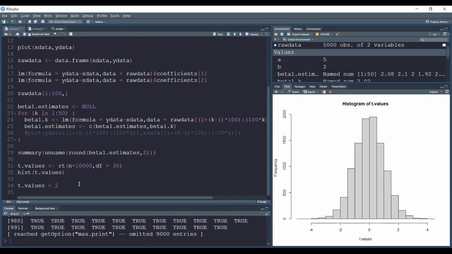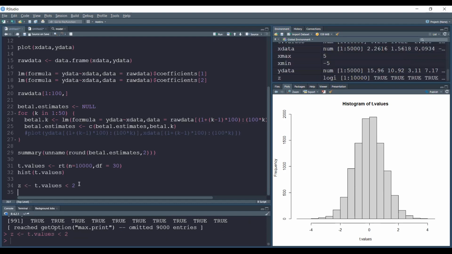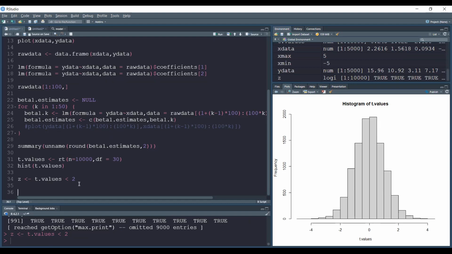So all those values that are less than 2, could you save this as a vector? Like if I call it vector z? Yes, apparently you can. So could I now just do sum of z?